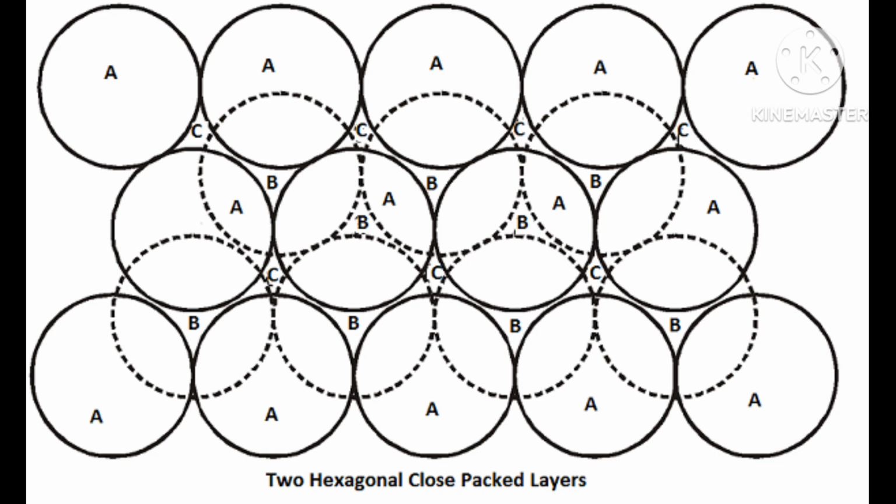By observation you can tell that not all the triangular voids of the first layer are covered by the spheres of the second layer. This gives rise to different arrangements.